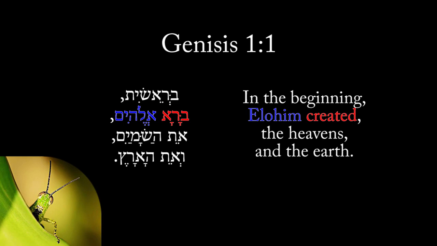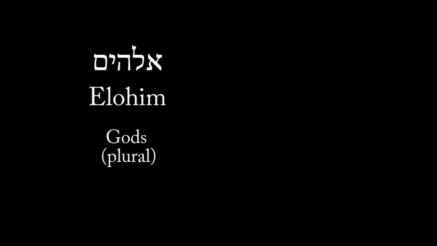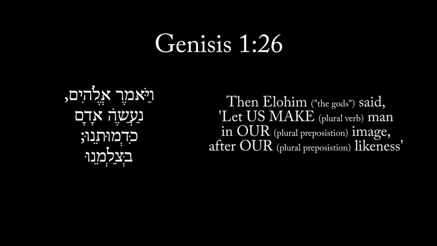But it is not always like this. There are countless instances where plural verbs and pluralized grammar support a truly plural meaning of the gods, such as Genesis 1:26, which uses the plural verb make. The rest of the grammar supports the plural reading as well, meaning multiple gods are being referenced.